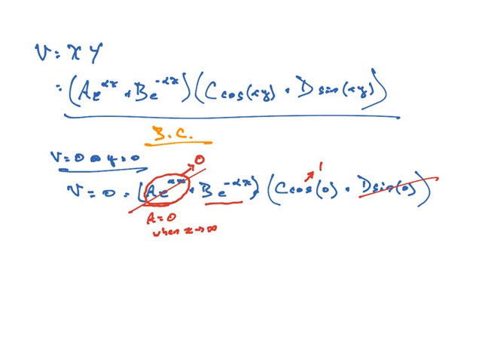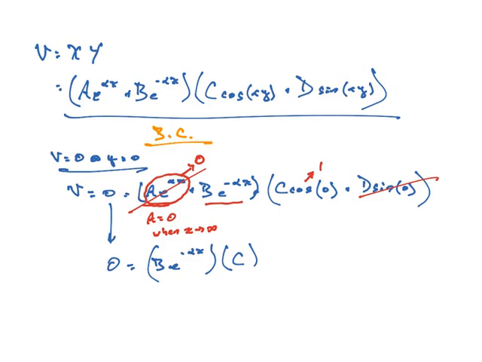What do we have? We have B e to the minus alpha x times C. The D term went away from this thing, and all of this is still equal to 0. So how can this thing be equal to 0 always?